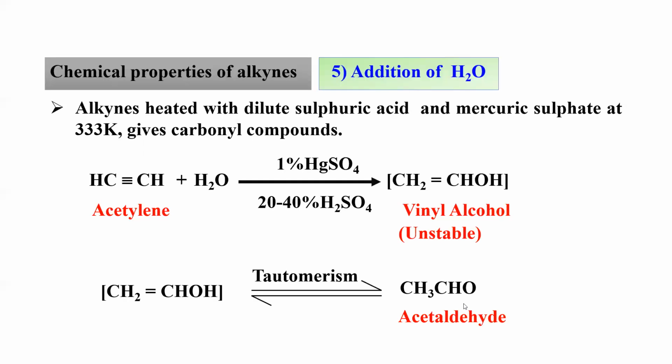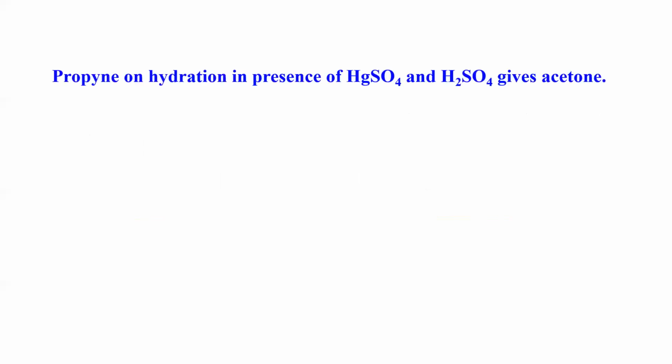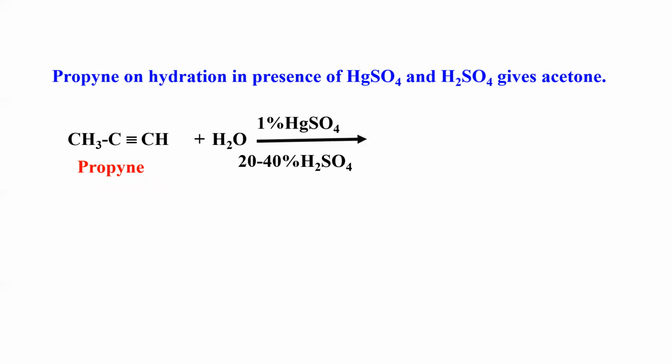Okay, so that's addition of water. Propyne on hydration in the presence of HgSO4 and H2SO4 gives acetone. So if I start with propyne and add water, I get this alcohol, prop-1-en-1-ol. OH will attack one carbon, so it becomes CHOH.